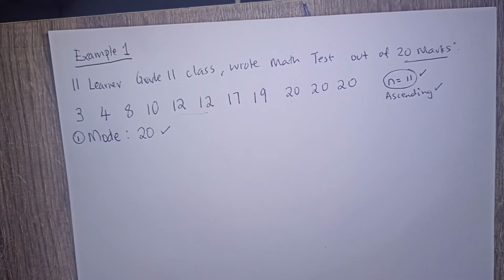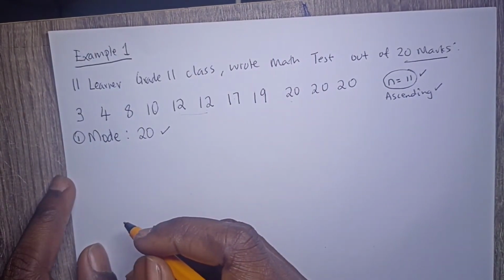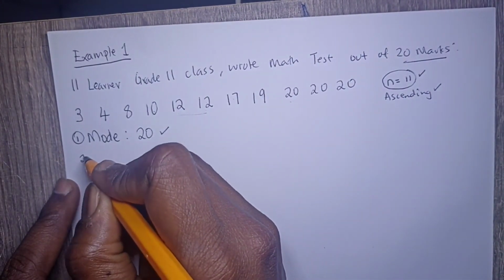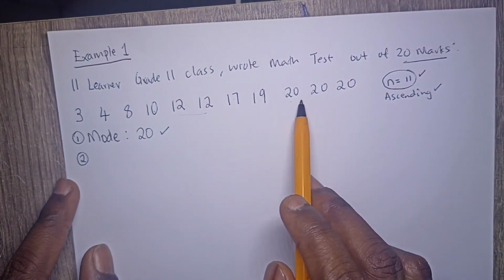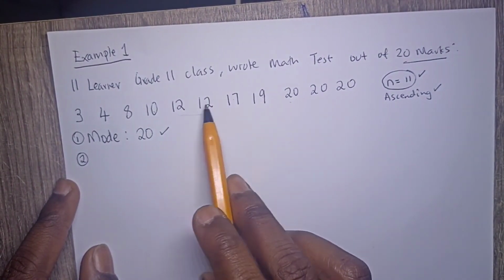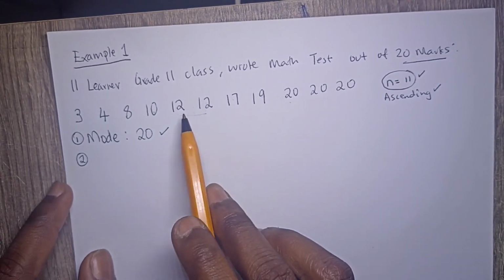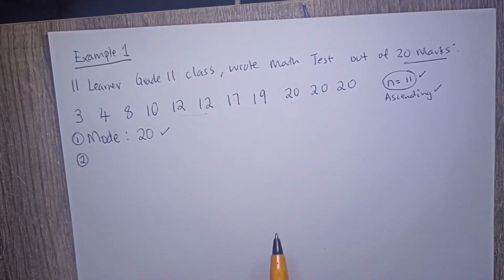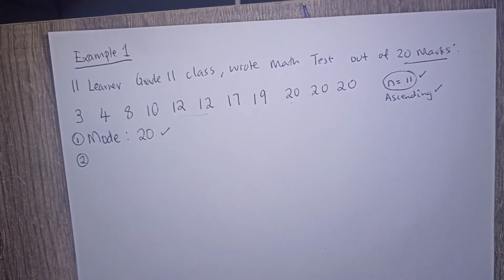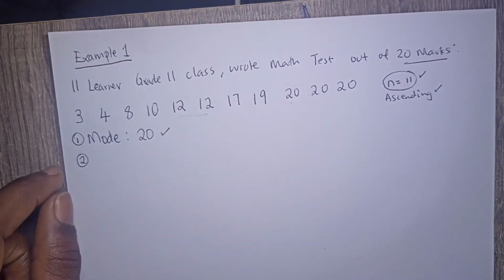That's the number that's repeating itself, basically. You just end there. You don't even have to explain. We can't take 12 because 20 is repeating itself more. If there were 2 numbers repeating themselves at the same rate, then we would take both of them. We would say 12 and 20, and we call it bimodal. But in this case, we leave it like that.